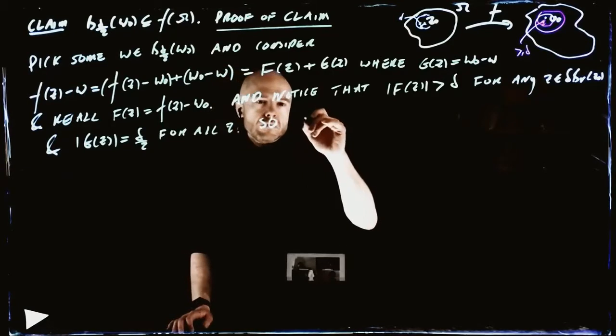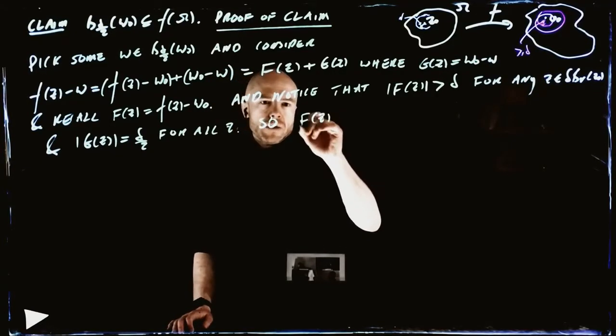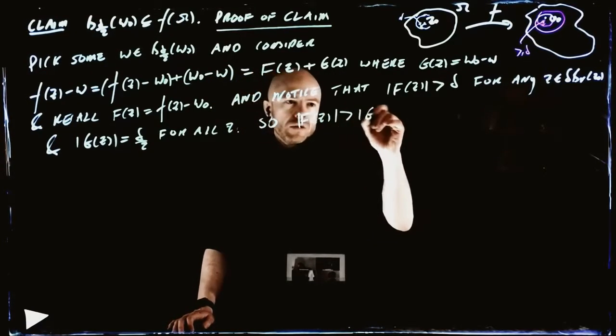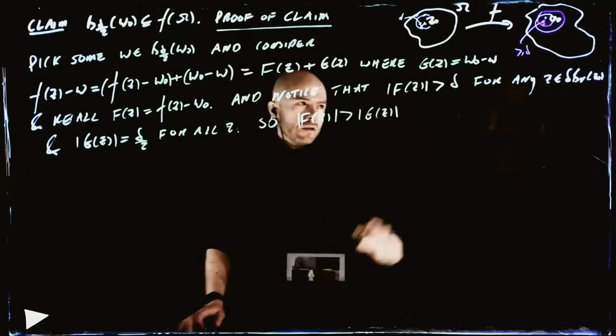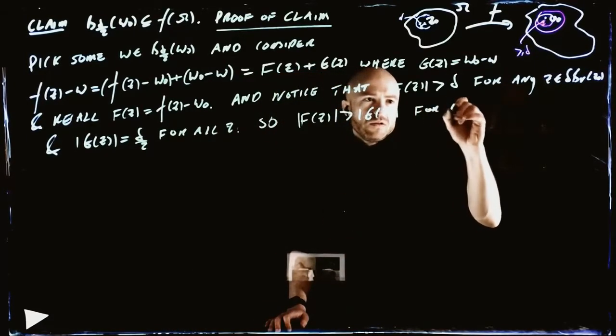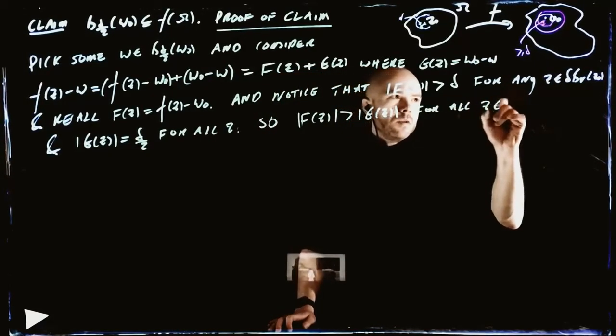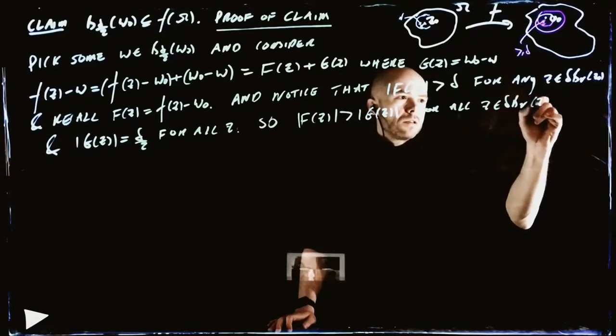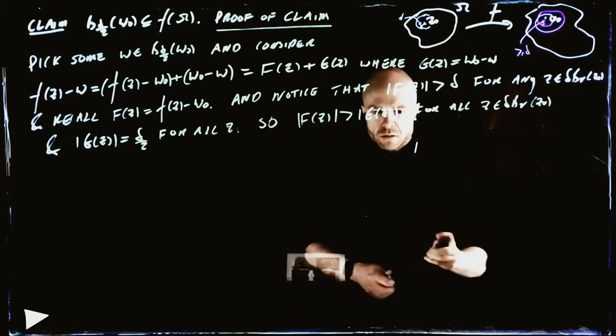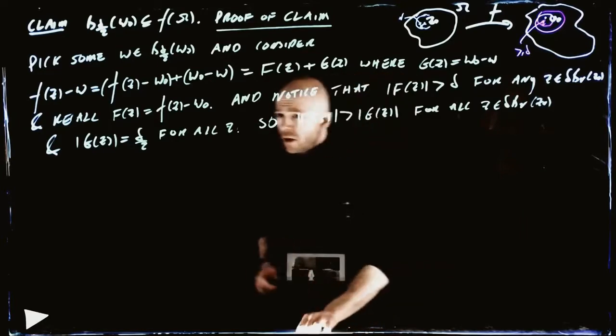So, capital F of z, absolute value, is bigger than capital G of z for all z belonging to the boundary of this ball. Yeah? Cool.